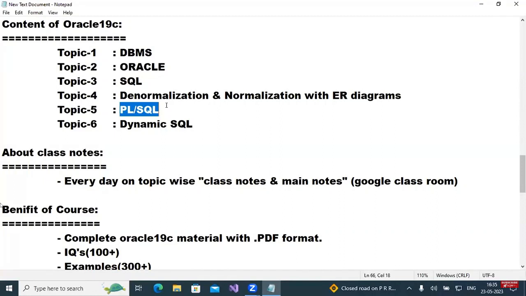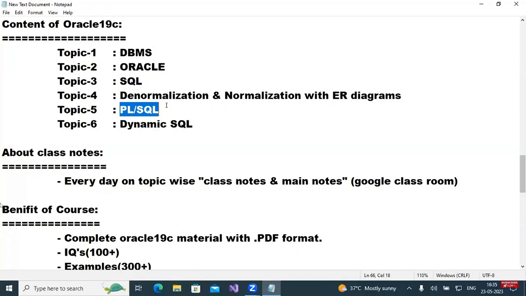In PL/SQL, what we are learning is almost every Java concept. In your Java, you have collections. Yes. In PL/SQL also, we are learning collections. In Java, you have packages. Yes. The same packages we are learning in PL/SQL.